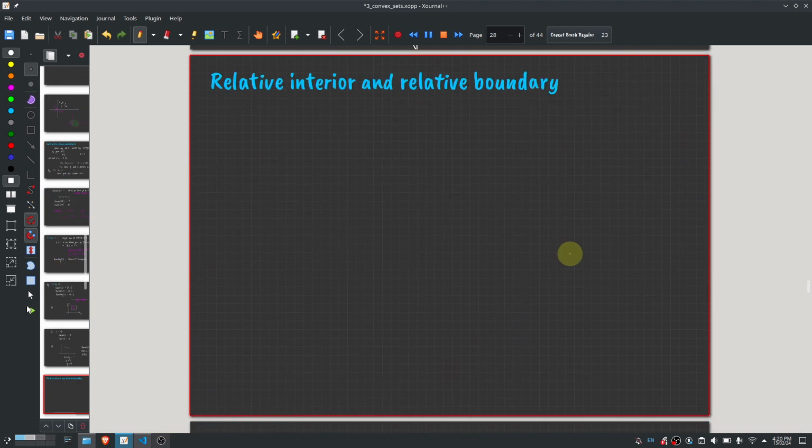So for this, I'll define what is called the relative interior of a set. The definition is very similar.